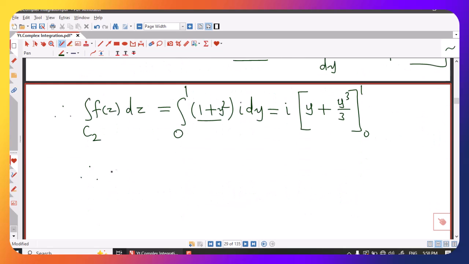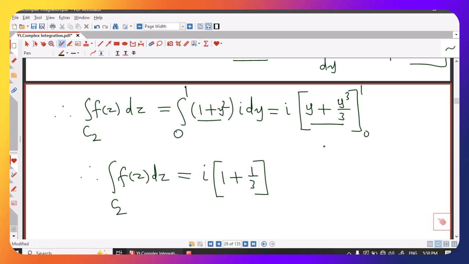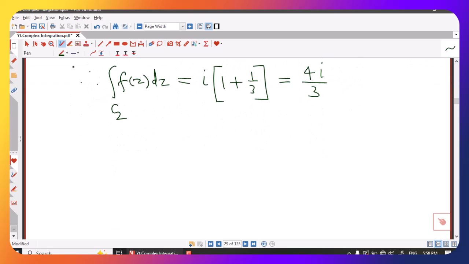And therefore after calculations, the integral of f of z along C2 is i times, for y equal to 1 we have 1 plus 1 by 3, for y equal to 0 this is 0, and this is 3 plus 1, that is 4 by 3, and we have i. So the integral along C2 is 4 times i divided by 3.